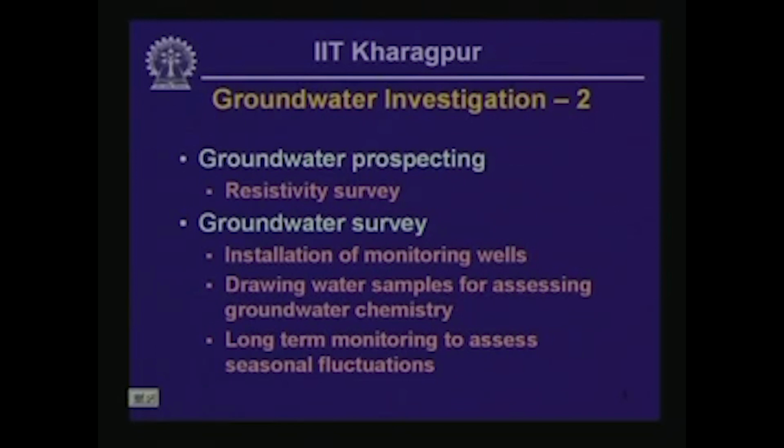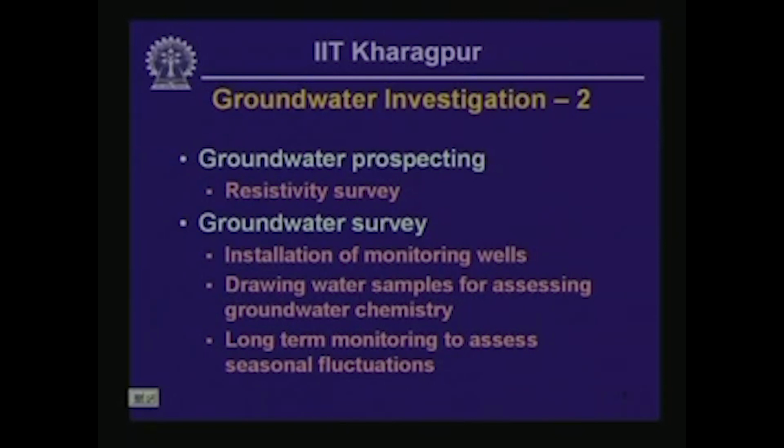Then another type of investigation that is carried out is called groundwater survey, and that involves installation of monitoring wells, drawing water samples from the monitoring wells for assessing groundwater chemistry, and long term monitoring of the monitoring wells to assess seasonal fluctuations in groundwater level or artesian pressures within these wells.